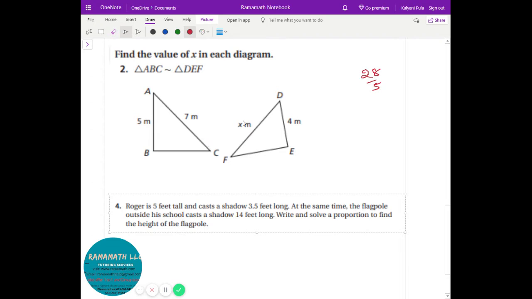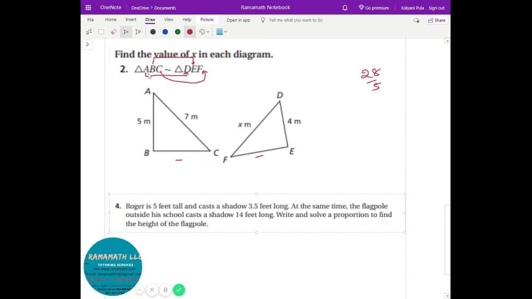So when you look at the proportions, sometimes to confuse you, they give you the other sides also, and then you wonder which side should I match with it? So always match A with D, B with E, and C with F. That's how you match.